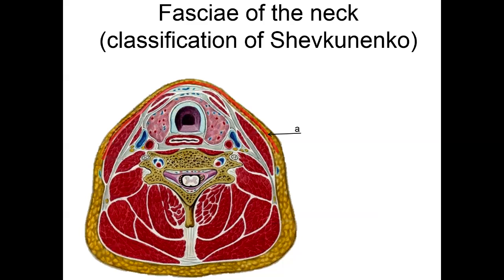First of all, letter A. This is fascia colli superficialis. Fascia colli superficialis, which is in the subcutaneous space and covers musculus platysma.